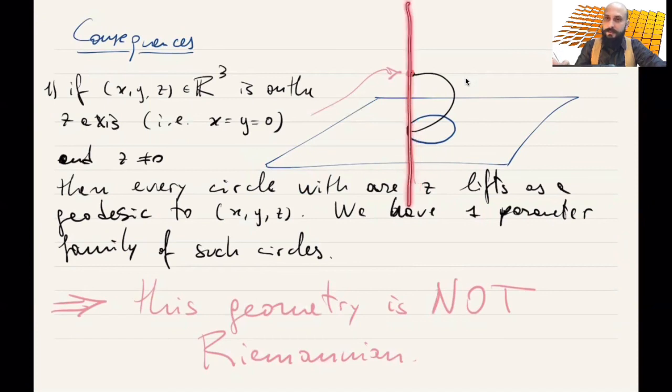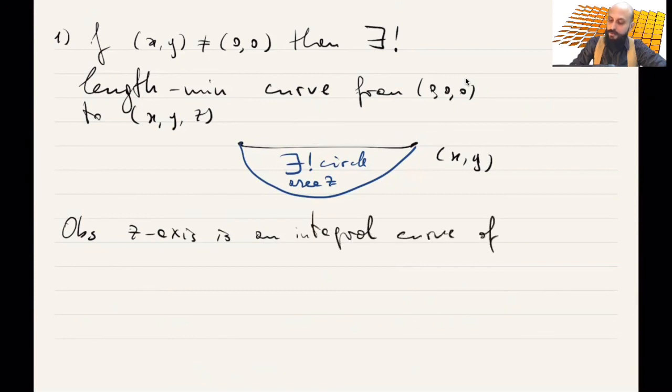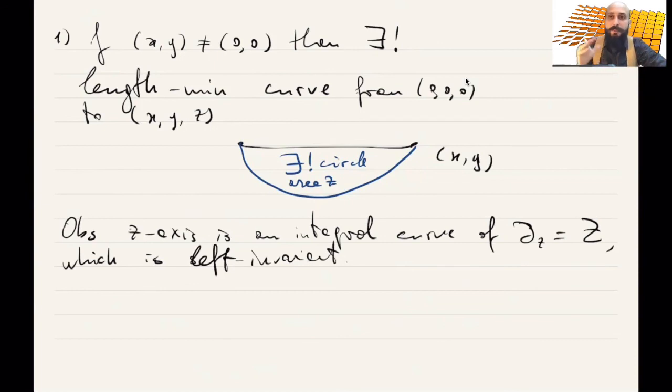So the z-axis is the integral curve of the vector field Z. I make you observe that the z-axis is an integral curve of the vector field ∂z, the one we call capital Z, which is left invariant, is preserved by the product structure. And consequently, if I apply a left translation, then the z-axis will go to any other Euclidean vertical line.